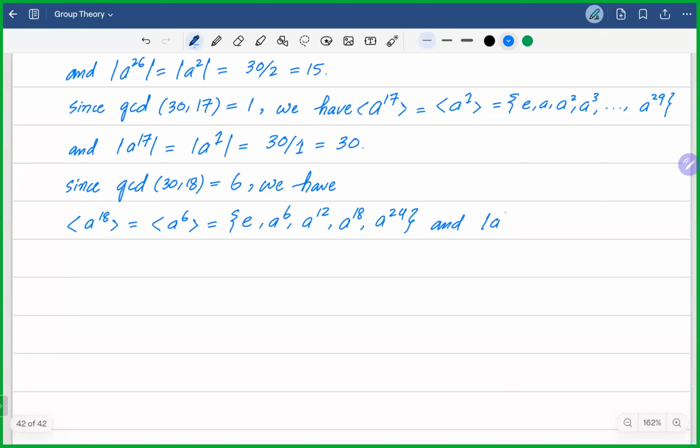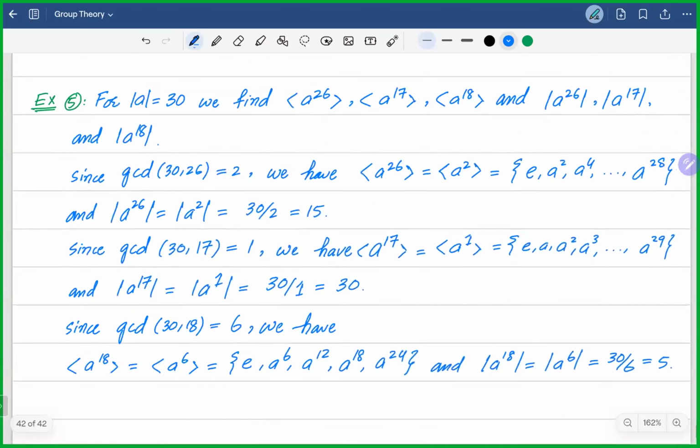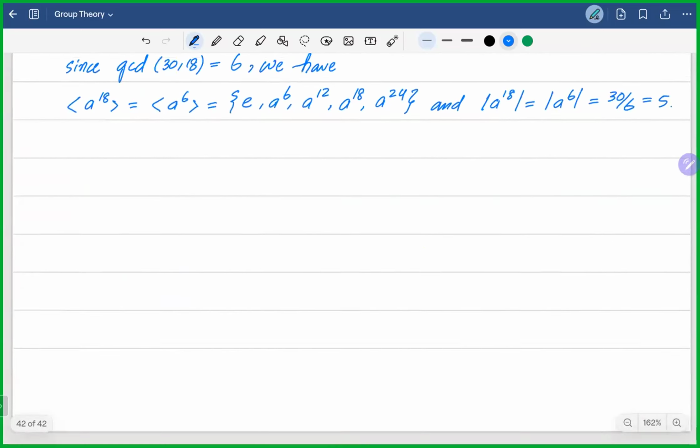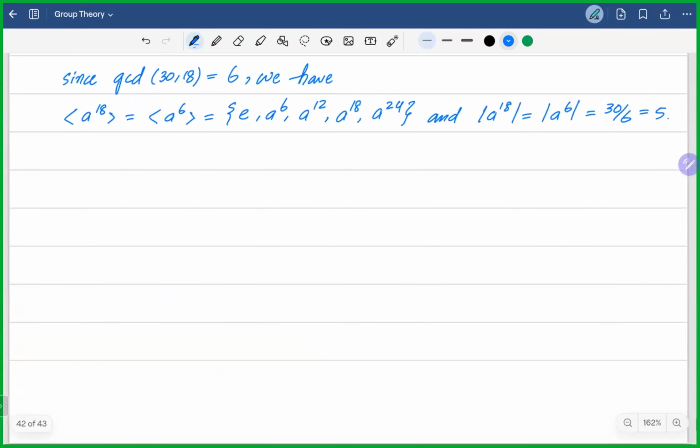And the order of a power 18 is equal to the order of a power 6, which is nothing but 30 over 6, which is 5. Okay, and this is how Theorem 4.2 helps us understand and find the orders and the sets for the higher powers.